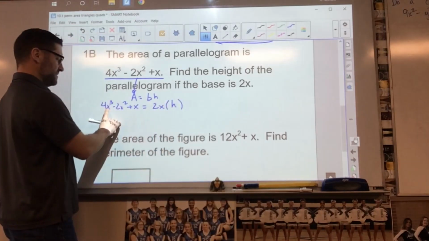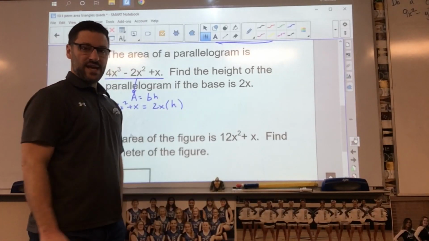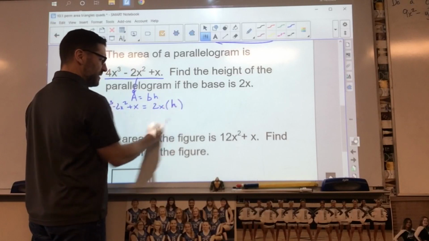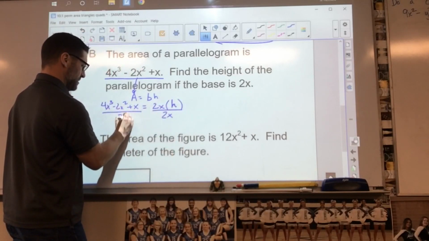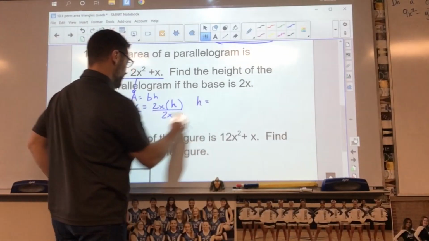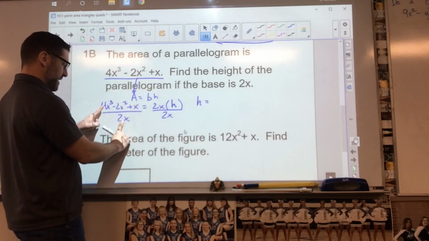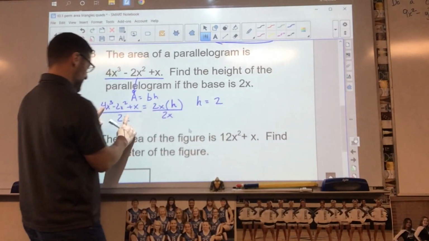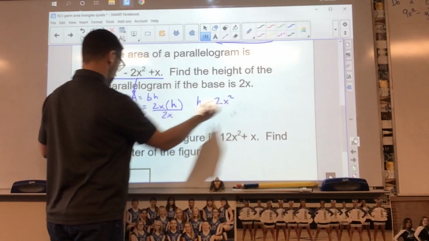You might notice there's a bunch of different variables in this thing, which tells me my answer is likely to have multiple variables. But anyway, I want to get the h by itself. So I'll divide by the 2x. And my h value is whatever 2x go into all of those. So let's do the math now. 2 into 4 is 2. X into x cubed leaves me x squared left over.